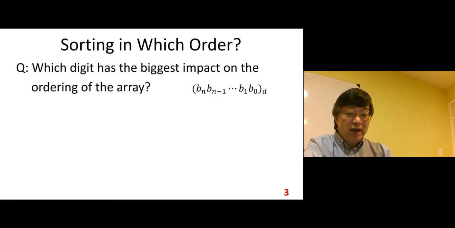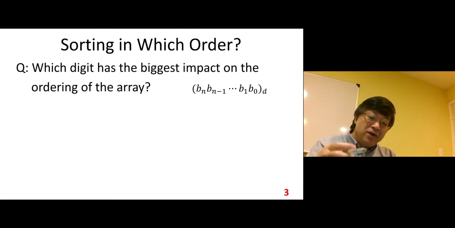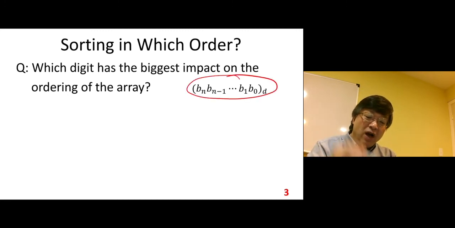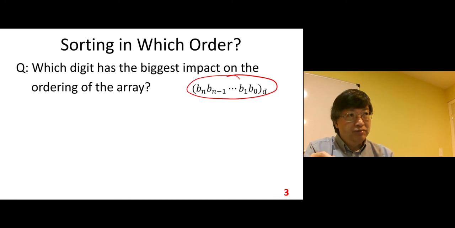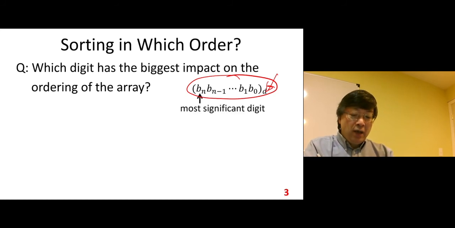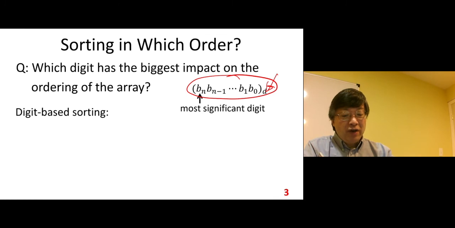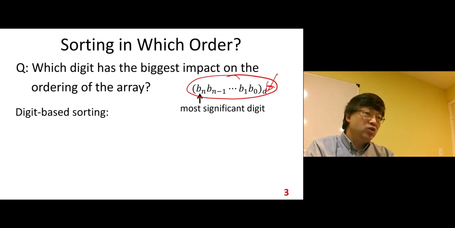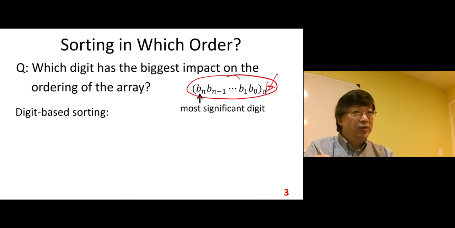Suppose this is the general expression of our integer, using a general base D. Then we know which one is the most significant. Here we compare two ways of digit-based sorting.